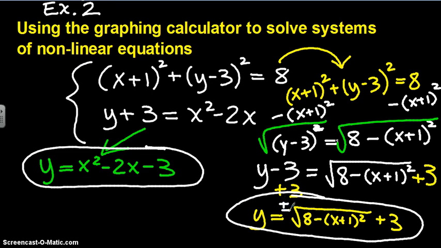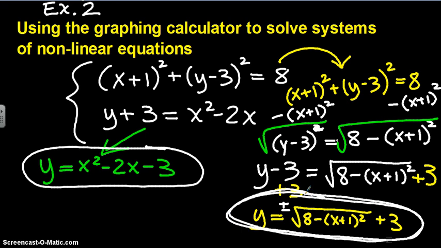This is also something I'm doing for the calculator, because the calculator cannot graph something that's not a function. It can graph functions, but it can't graph anything that would fail the vertical line test as one piece. A circle would fail the vertical line test.